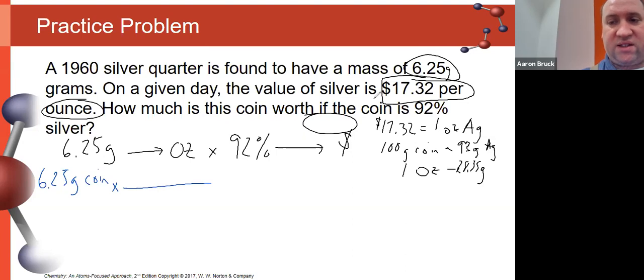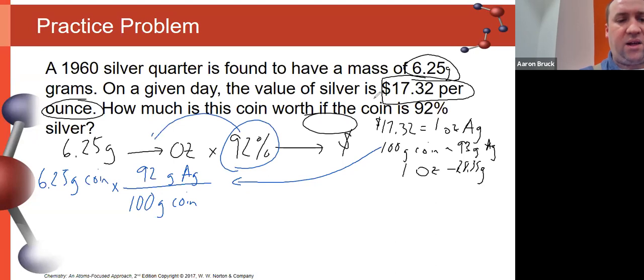Now, using this second conversion factor, 100 grams of coin are equal to 92 grams of silver. So we are actually applying that 92% piece here. You can apply it really anywhere along the way. You just got to make sure that you apply it at some point.